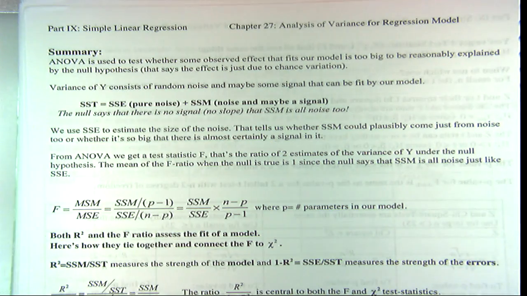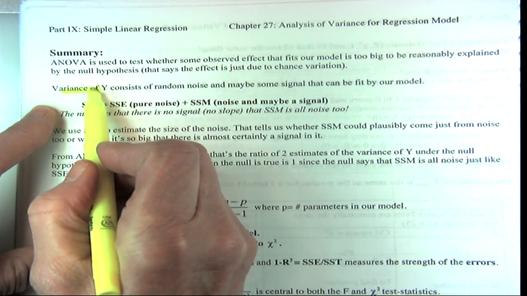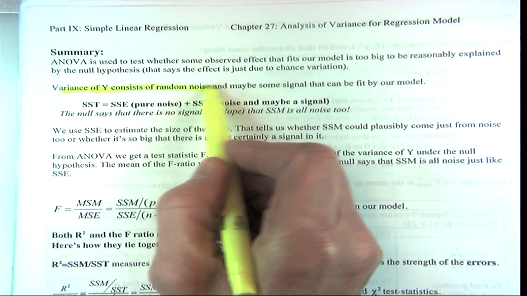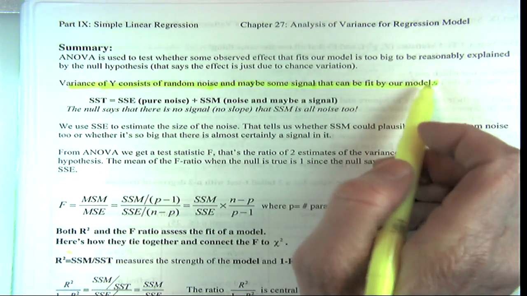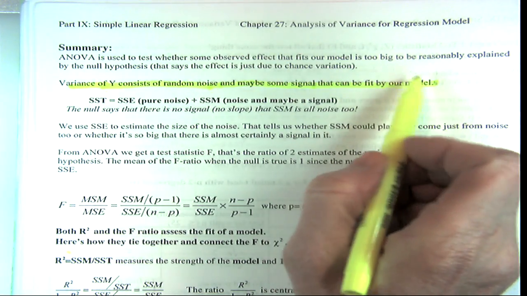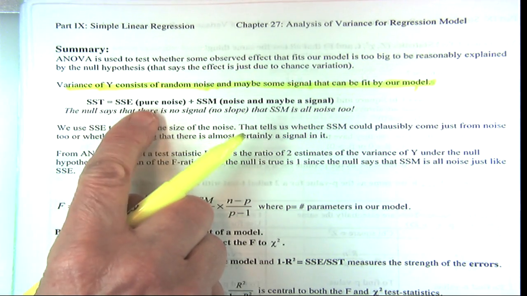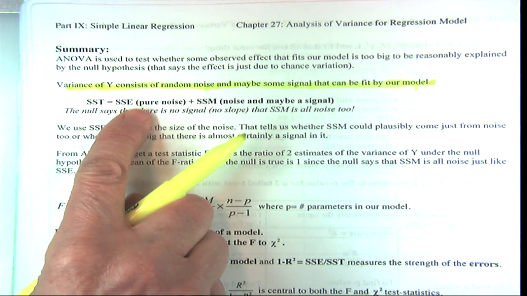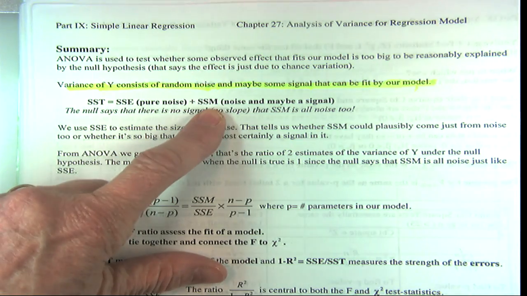So what we're doing is splitting up the variance of the y's. It consists of random noise and maybe some signal that can be fit by our model. So there's noise for sure, and then there's some signal we're going to fit with our model. So we're splitting this variability into two pieces: the part that's pure noise, just pure error, and the part that is noise and maybe has a signal in it.